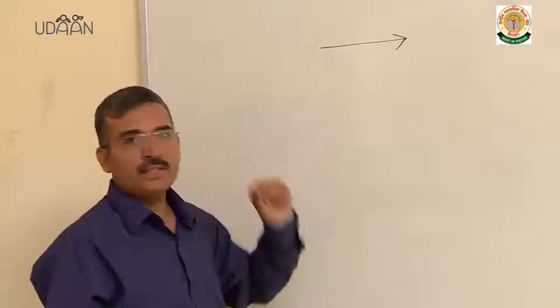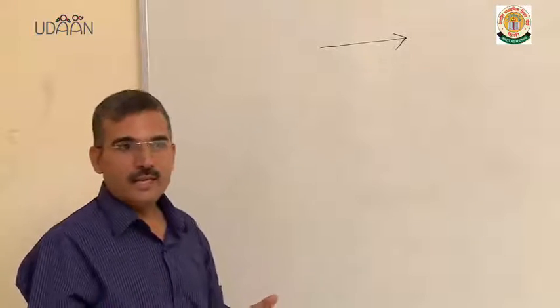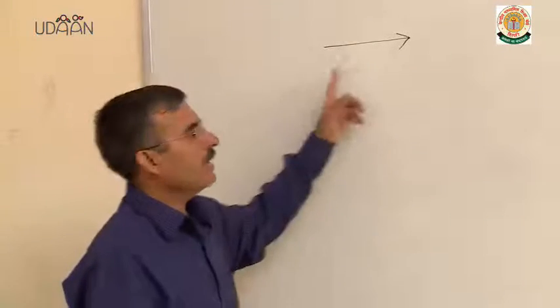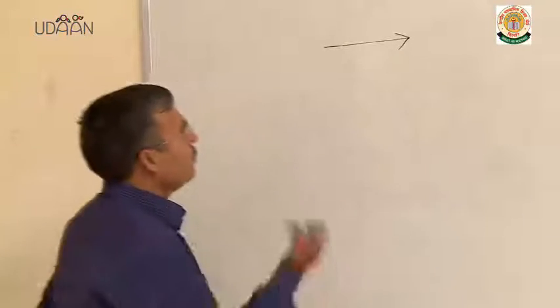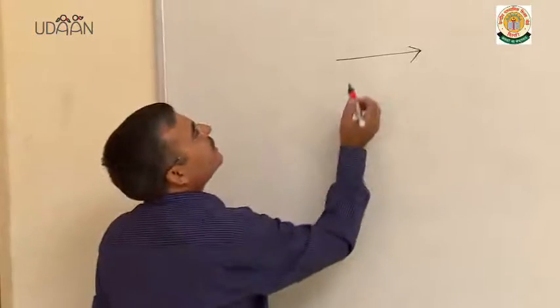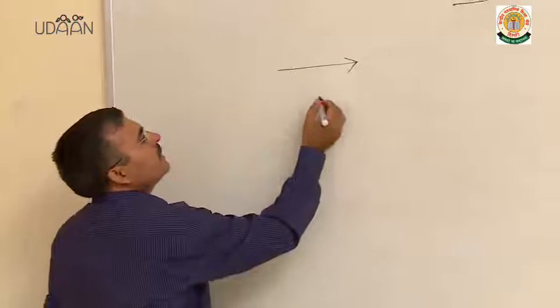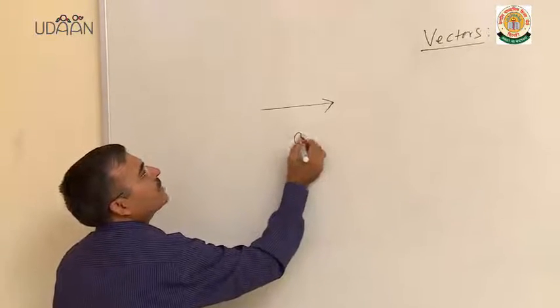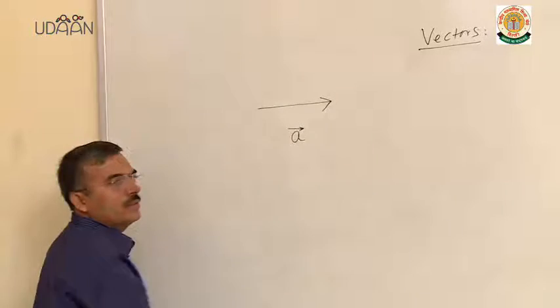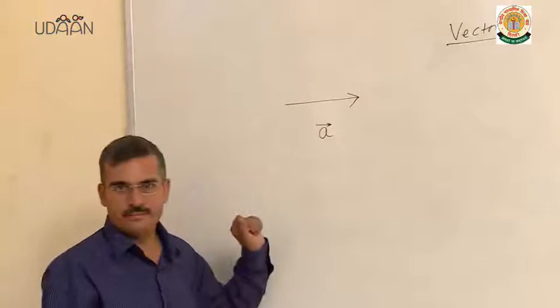To represent the magnitude, we have to take a scale. According to that scale, we draw the line. For example, this is a vector. We represent a vector by putting an arrow on its head.